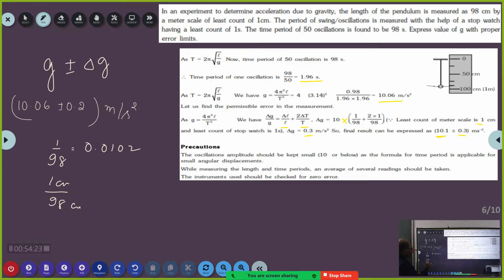So if you were to write this in meters, you would have written it as what? 0.01 meter divided by 0.98 meters, if you are supposed to answer in meters. Still we have only 1 significant. Now come to this point. 2 upon 98. So 2 is in seconds, 98 is also in seconds only. Correct?